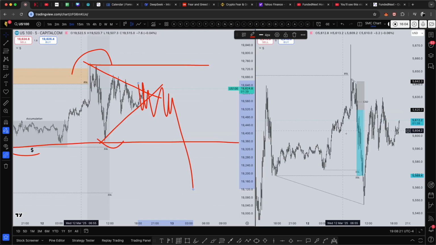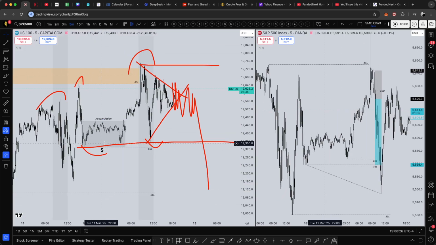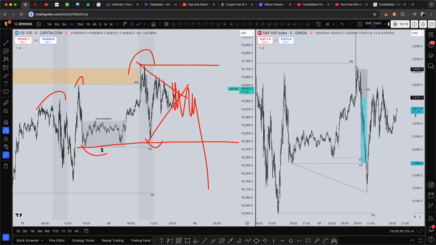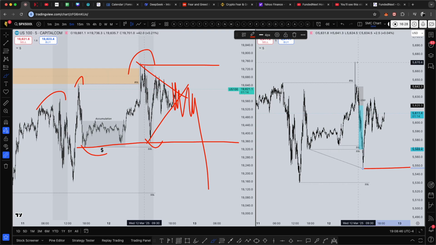We're going to drop. Notice that S&P actually went deep enough in this double bottom right here on Nasdaq. You see that Nasdaq did not sweep this double bottom, but S&P did. So we have a huge divergence at the bottom. I want to see what's going to happen tonight in this range right here.